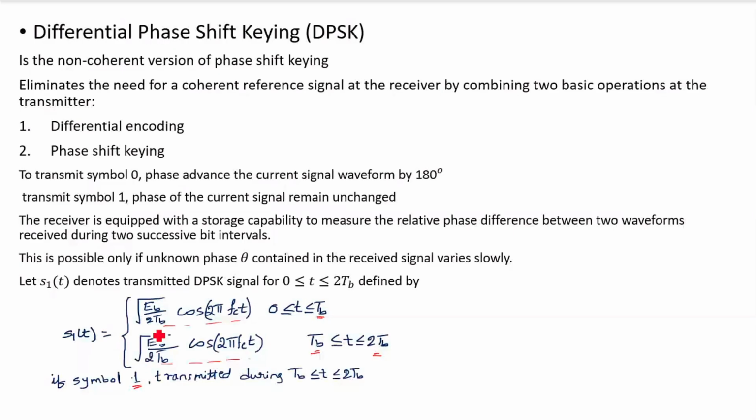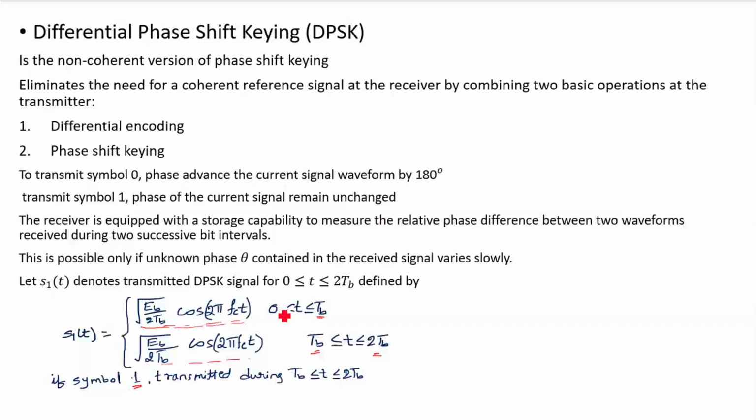If I have already transmitted the signal for either 0 or 1, and my current symbol is 1, I have to repeat the transmission. Whatever I have transmitted in the past should be transmitted again for symbol 1. That is the reason why the total duration for one symbol we consider as 2 Tb.